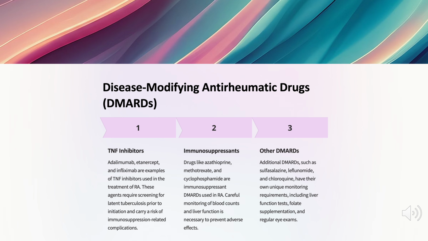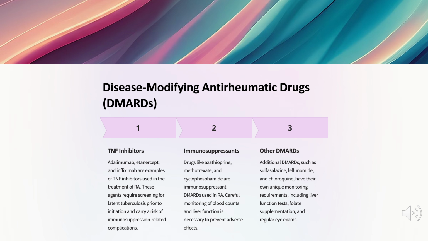Now let's explore the various disease-modifying anti-rheumatic drugs, DMARDs, commonly used in the treatment of rheumatoid arthritis, RA, and the precautions necessary for administration. TNF inhibitors: adalimumab, etanercept, and infliximab are examples of TNF inhibitors which are highly effective in managing RA symptoms.